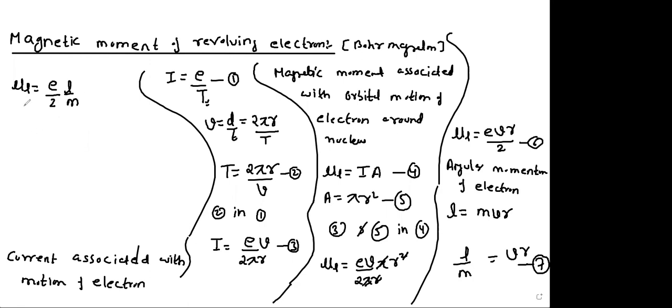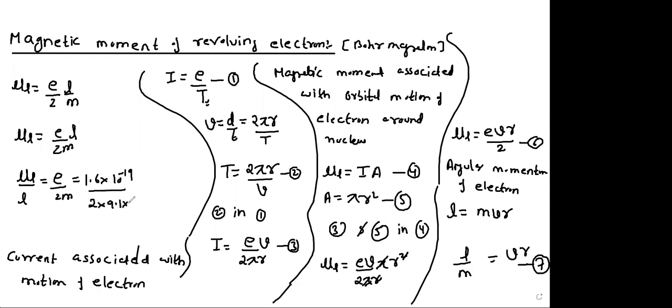So this is the orbital moment. The magnetic moment of a revolving electron is e by 2m into L. From here, you can take this ratio mu L by L, which is e by 2m. e is 1.6 into 10 raised to the power minus 19, the electronic charge. m is the electronic mass, which is 9.1 into 10 raised to the power minus 31.